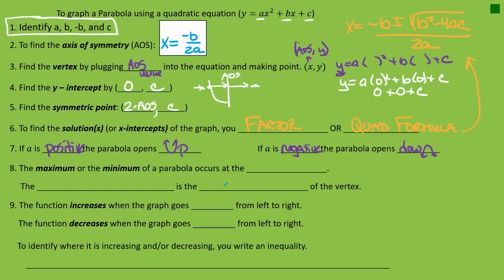So that totally depends on A. The maximum or the minimum occurs at the vertex. It's where the curve is, up here or down here. This is a max. This is a min. Remember, max is at the top. Minimum is at the bottom.